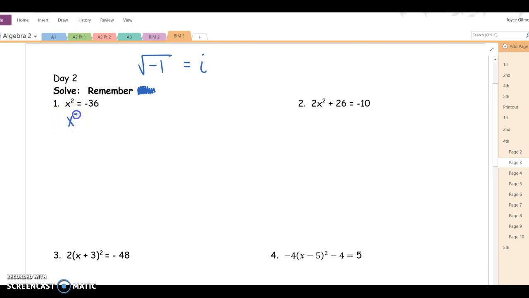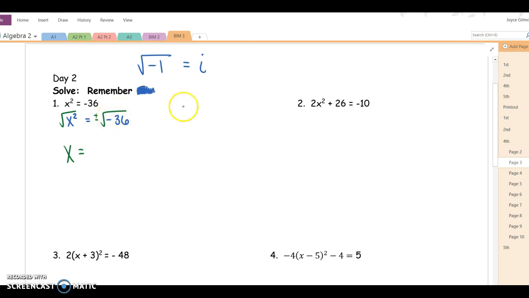Okay, I'm going to write this a little bit more spaced out because I like my space. We have x squared equals negative 36. How do we undo the square? Square root. And when we put a square root into an equation, we have to put a plus minus in front of it. If the square root is already there, you can assume it's a positive square root. If you have to put the square root in, you have to consider the potential for both a positive or a negative square root. So on the left side, the square root of x squared is simply x.